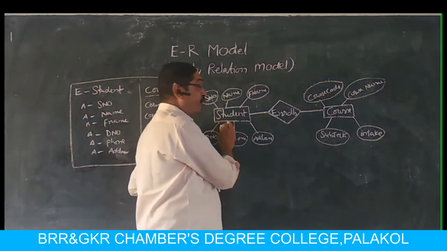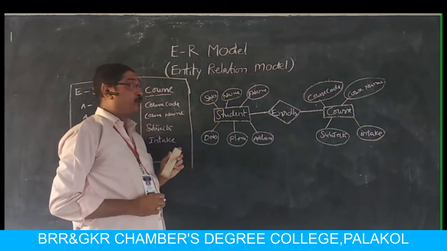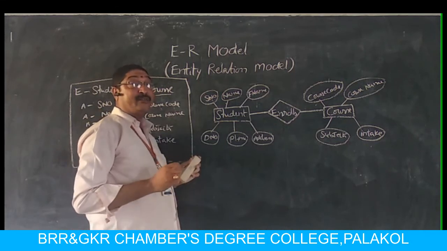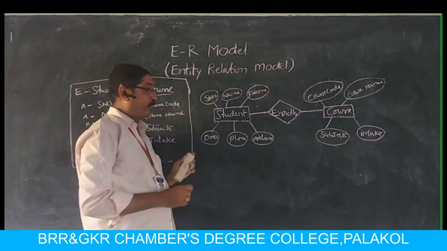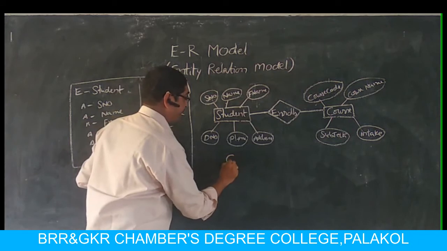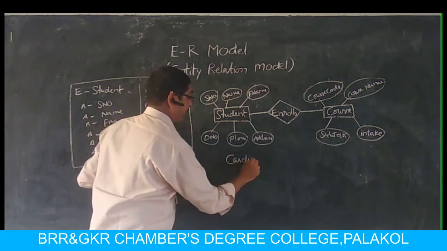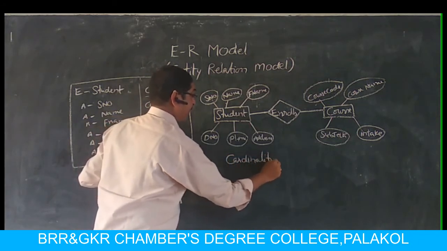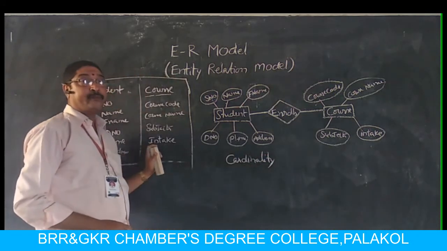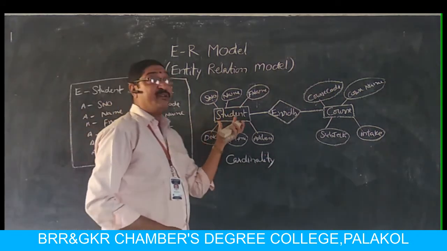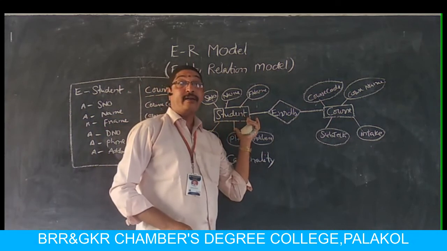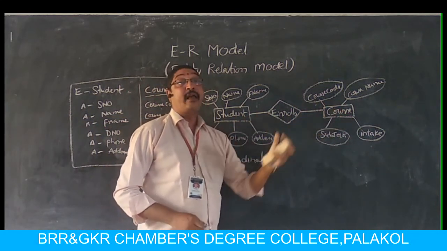There are different types of cardinalities. Cardinality means how many events of one entity are related to how many events of another entity.